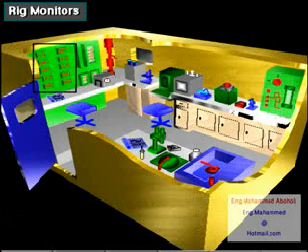Rig monitors give readouts to the mud logger, a person whose specialty is observing and analyzing mud and cuttings.